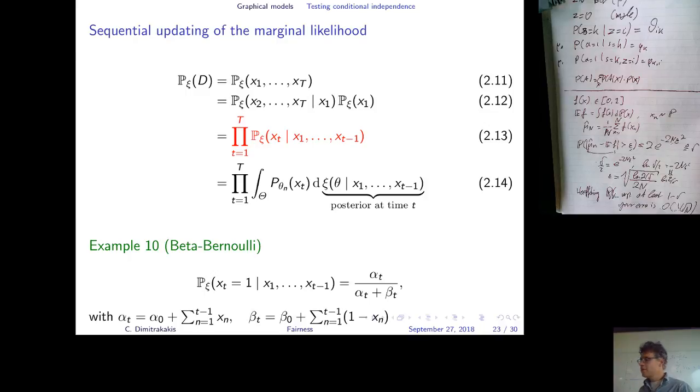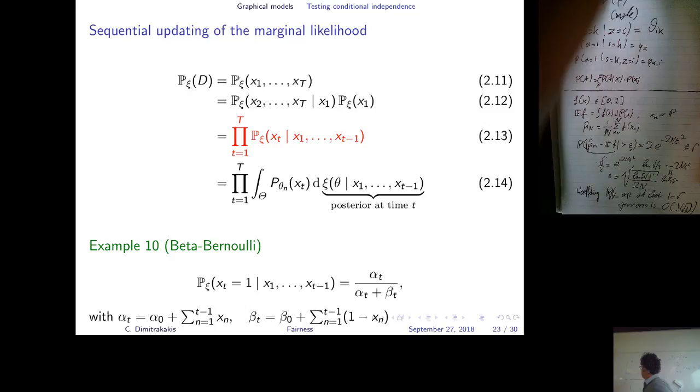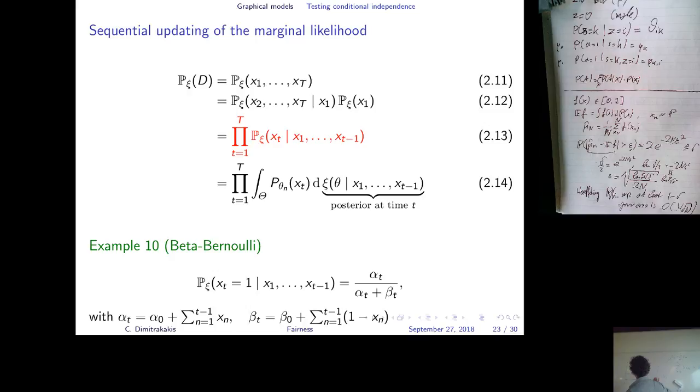So if you remember, initially you have a uniform belief, with alpha 0 equal 1, beta 0 equal 1. If you observe x equal 1, then this becomes 2, and the curve becomes like that.